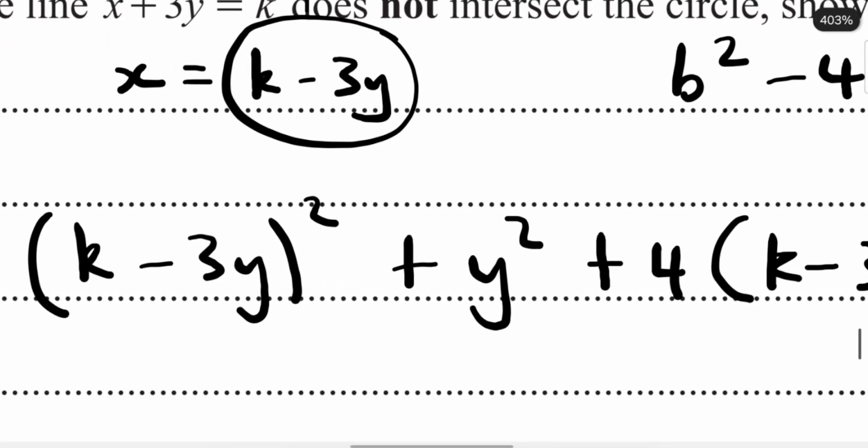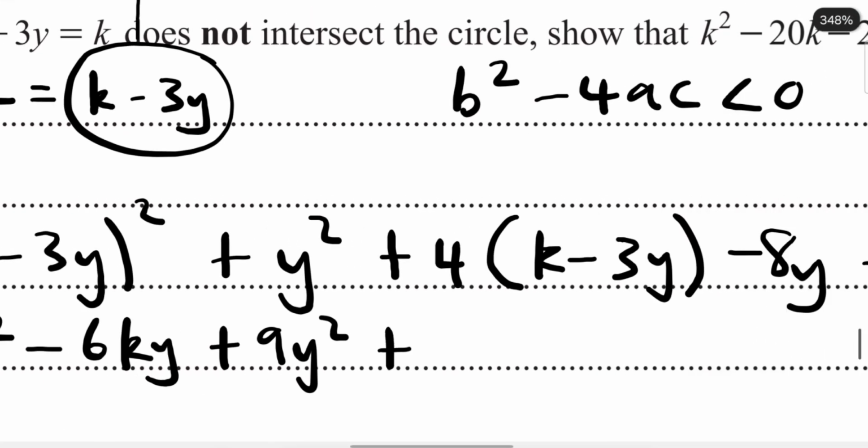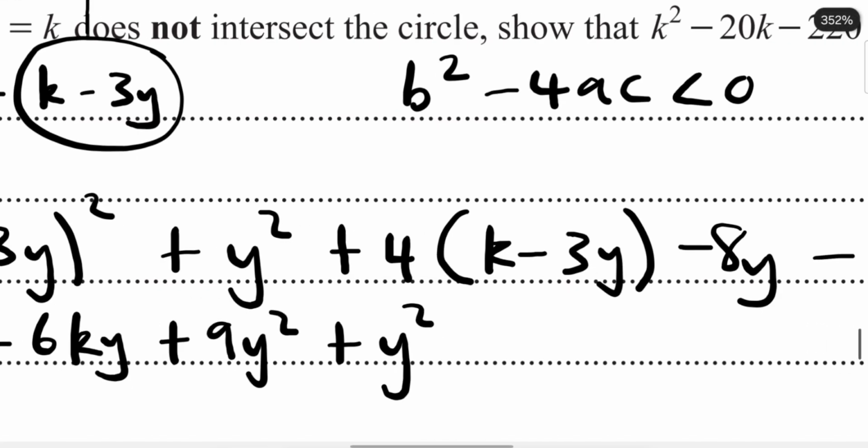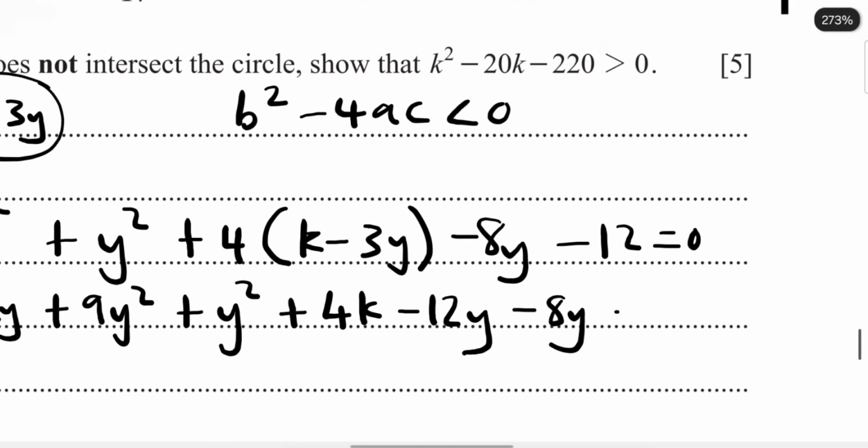Now simplifying this, we get k squared minus 6ky plus 9y squared plus y squared plus 4k minus 12y minus 8y minus 12 equals 0.